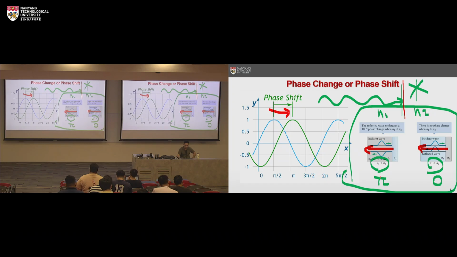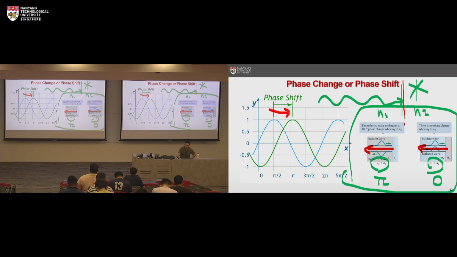So you will experience a pi phase shift for your reflected wave. However, if you are traveling into a material that is softer than your original material, you feel nothing at all, like walking from water to air. In this case you are unchanged, so your reflected wave doesn't change and your phase shift is 0.